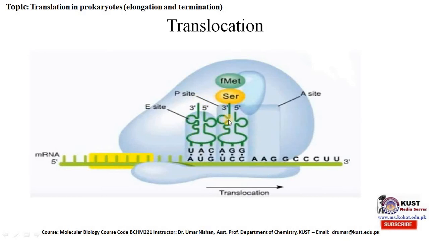This is the P site, this is the A site, this is the serine, and this is the methionine, the starting amino acid. The peptide bond is formed between the newly formed amino acids, and the process of translocation takes place.